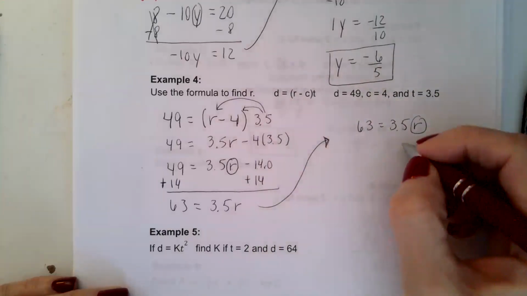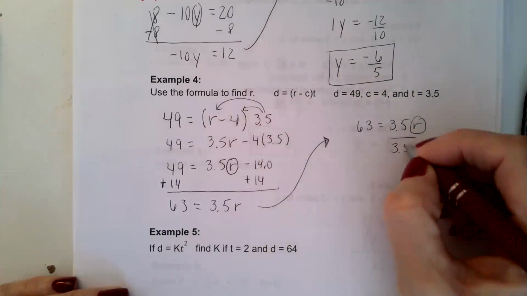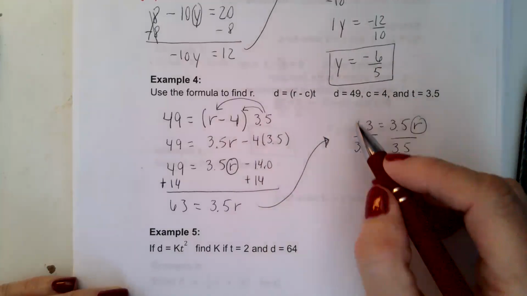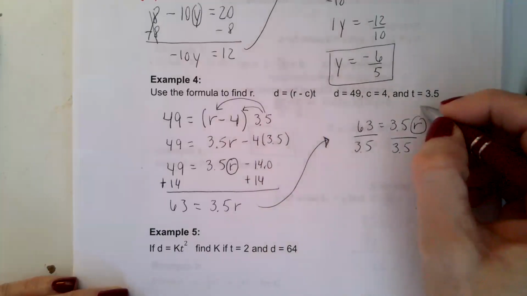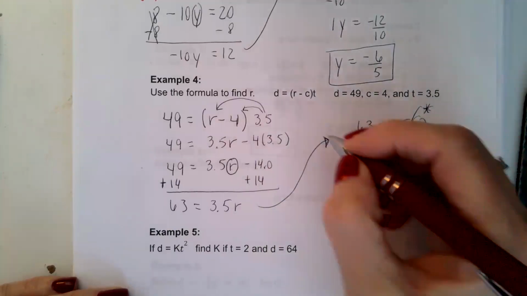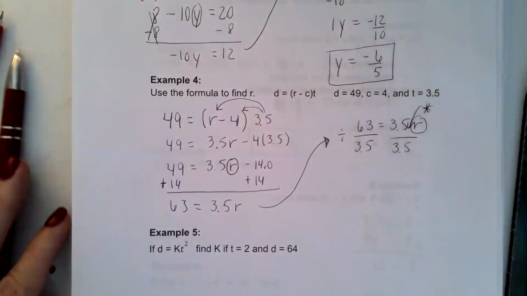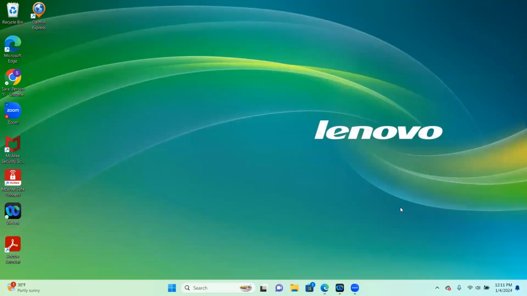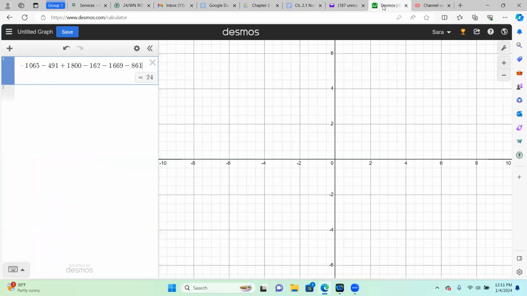So to solve for R, we are going to divide by 3.5. Again, I want to get rid of my 3.5 and move it to the left. And because I'm currently multiplying right here, my opposite action is to divide. So this one I cannot do in my head, so we are going to go to Desmos. And I want to make sure I did that correct.